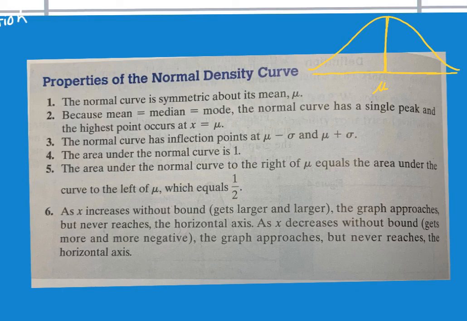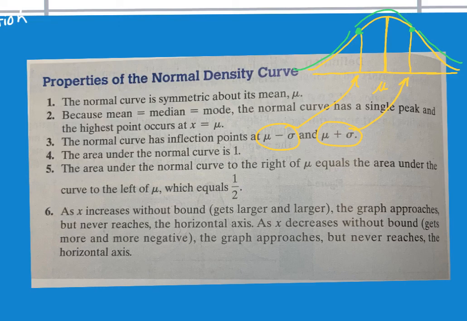The normal curve has inflection points at mu plus 1 standard deviation and mu minus 1 standard deviation. And what an inflection point is, it's where the curve goes from being concave down to concave up. And it occurs right at that point. Okay, even though my graph doesn't show it perfectly. Right, the area under the normal curve is 1, check.